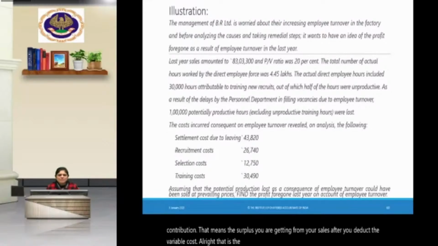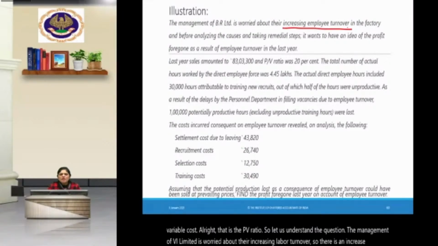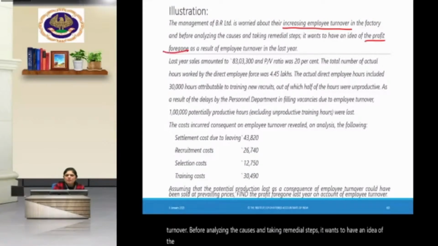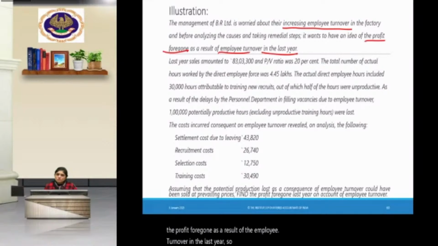So let us understand the question. The management of VR Limited is worried about their increasing labor turnover. Before analyzing the causes and taking remedial steps, it wants to have an idea of the profit foregone as a result of the employee turnover in the last year. So this company wants to know the profit we actually lost due to labor turnover in the last year.